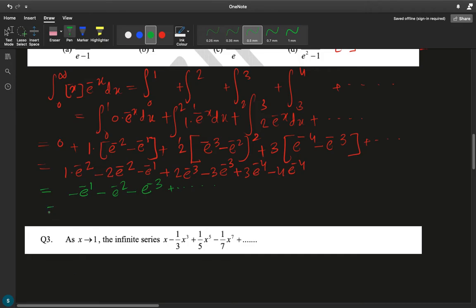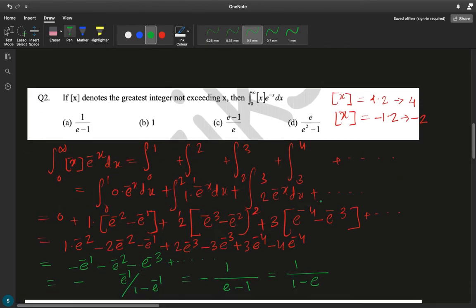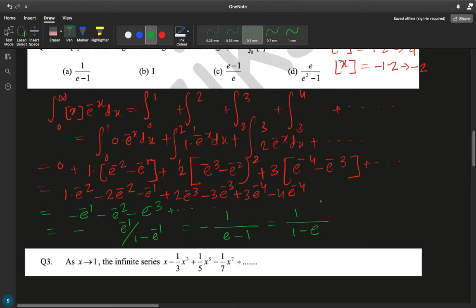If you take out minus as a common factor, the first term is e to the power minus 1 divided by 1 minus the common factor e to the power minus 1. So this is basically 1 by 1 minus e, that is the answer. 1 by e minus 1.